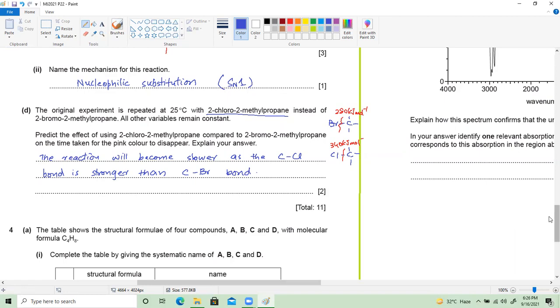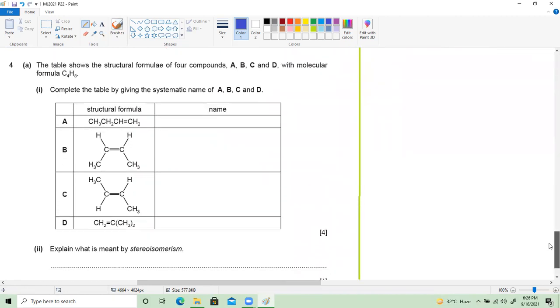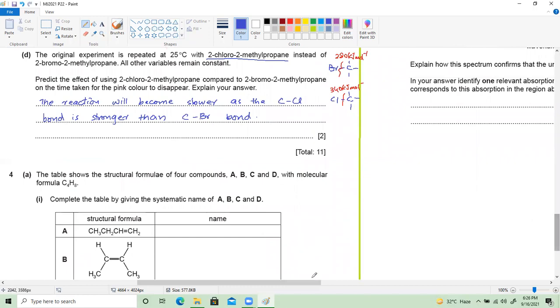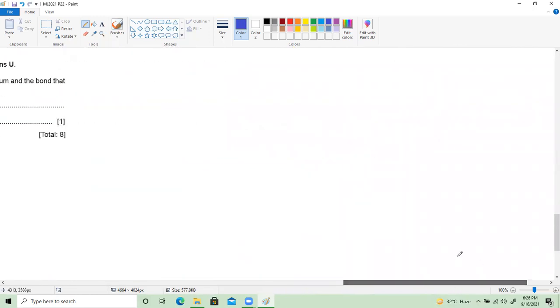Do you get it now? The molecule's color was pink, and because of the higher bond energy it will take more time to break it and form the new bond, and the pink will disappear. Please understand it now. We have this aqueous potassium or sodium hydroxide, and some drops of phenolphthalein are put into it. Phenolphthalein, when put into an alkali, turns pink.